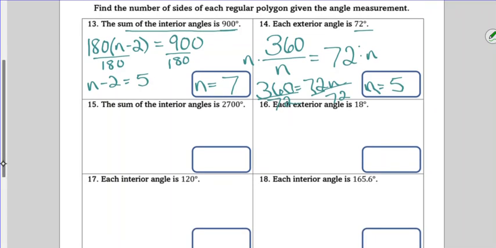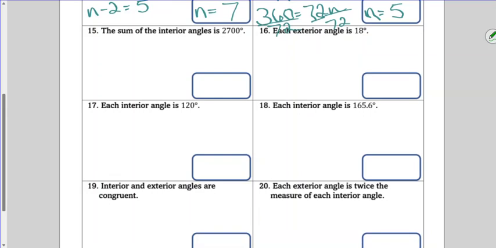All right, I'm actually going to do one more. I'm going to do number 17 with you. This says each interior angle is 120. So if I set up that equation that I wrote before, 180 times n minus 2 divided by the number of sides equals 120. That's each interior angle. I could solve that equation. I could also just guess and check and think about which one's going to give me 120.